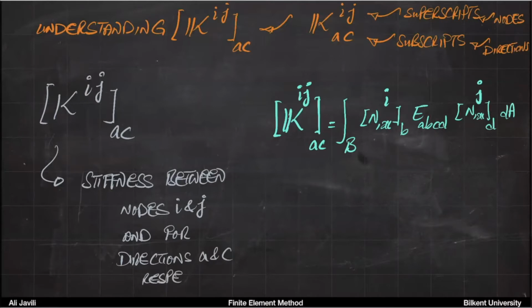Okay, what does that mean really? This is how you should read this. This is the stiffness between nodes i and j and between the directions a and c. But we need to have a physical interpretation of that, and that's what we want to do.